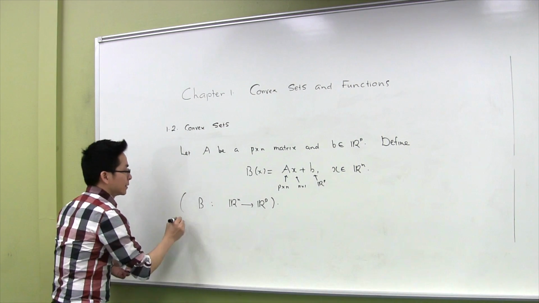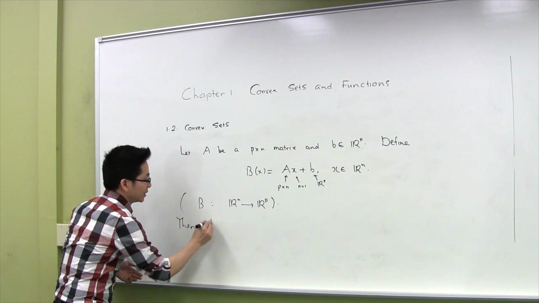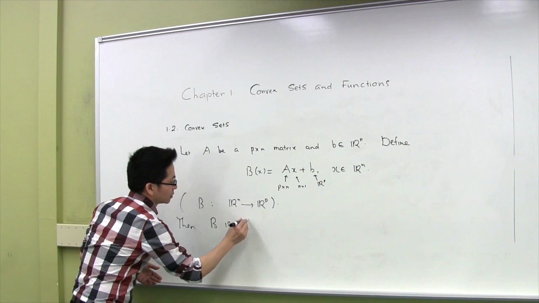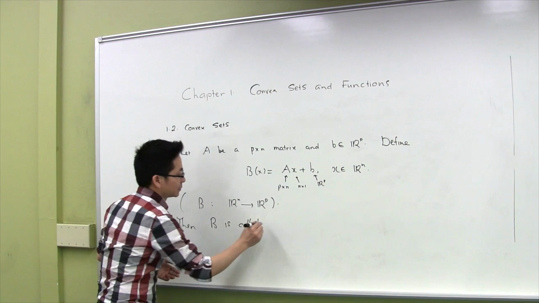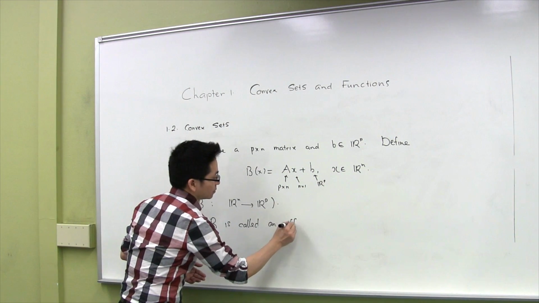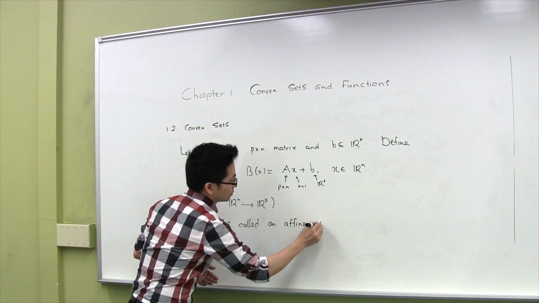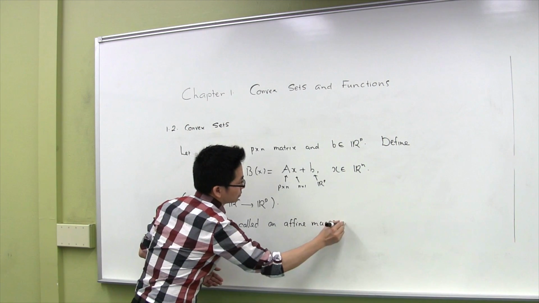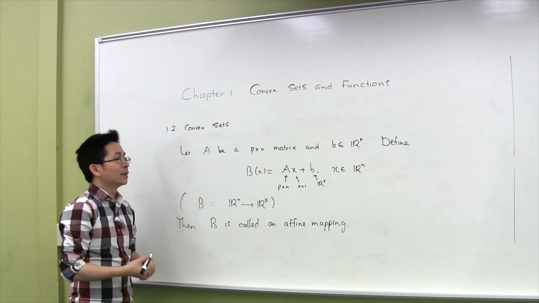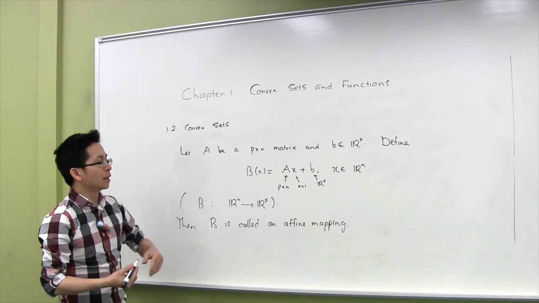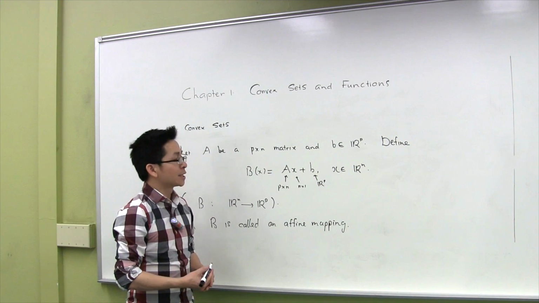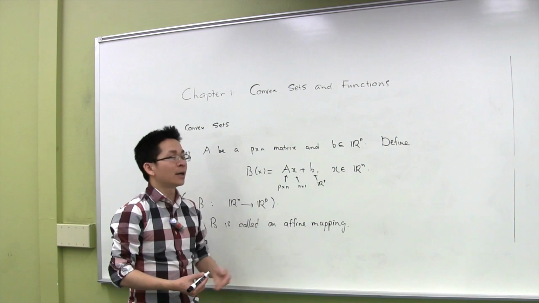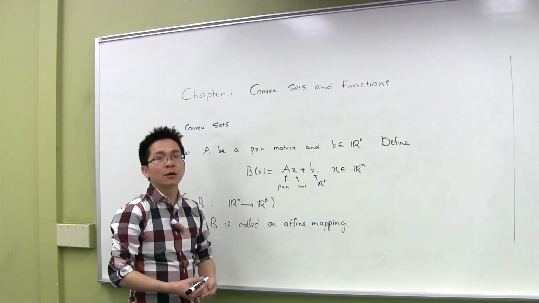Okay, then B is called an affine mapping. So basically an affine mapping is the sum of a linear mapping and a constant.